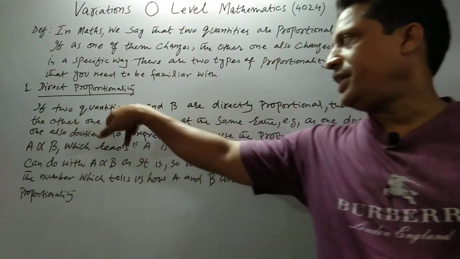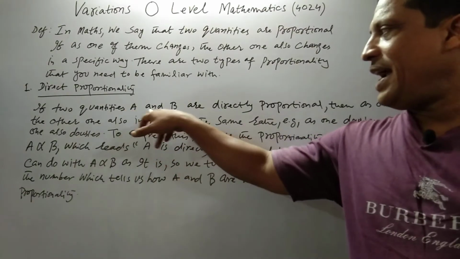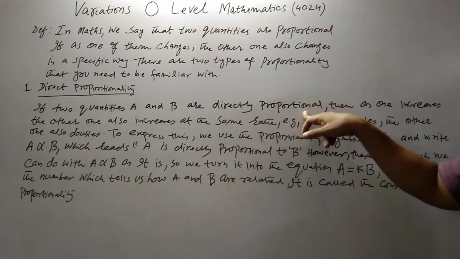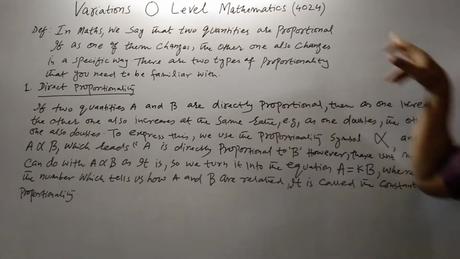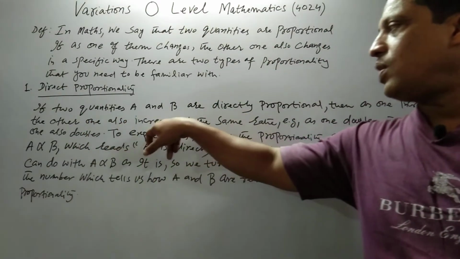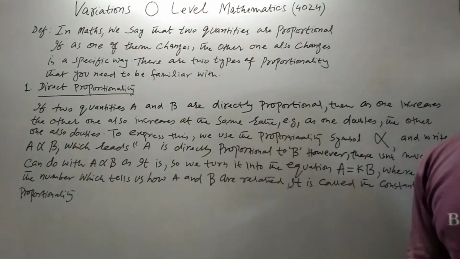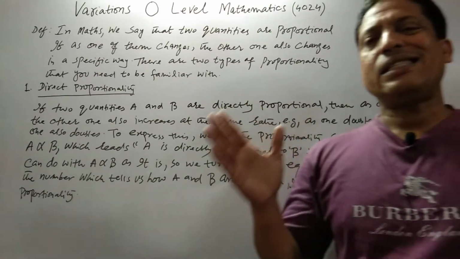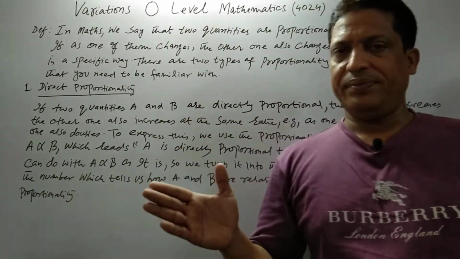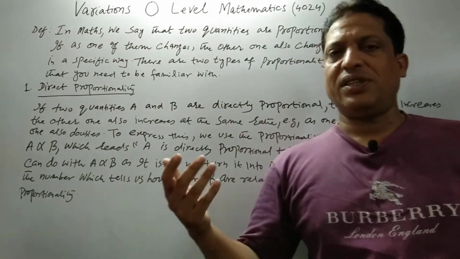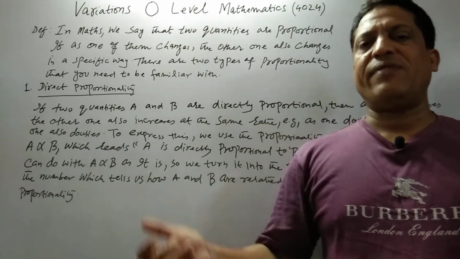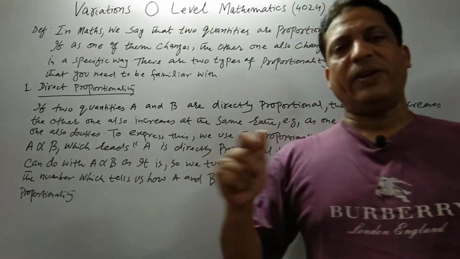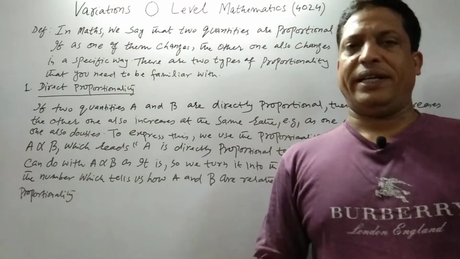What is the meaning of direct proportionality? If two quantities, for example A and B, are directly proportional, then as one increases, the other one also increases at the same rate. It means the change of one quantity and the same change in the other quantity, then we say that there is a directly proportional relation between the two quantities.